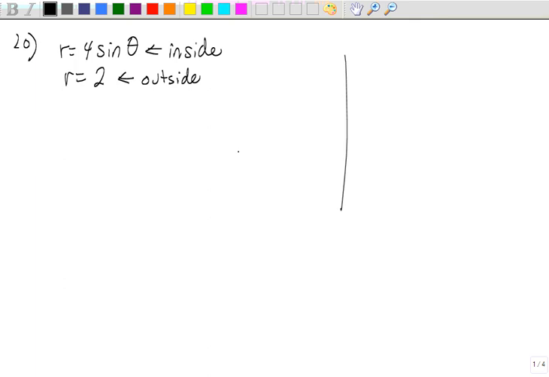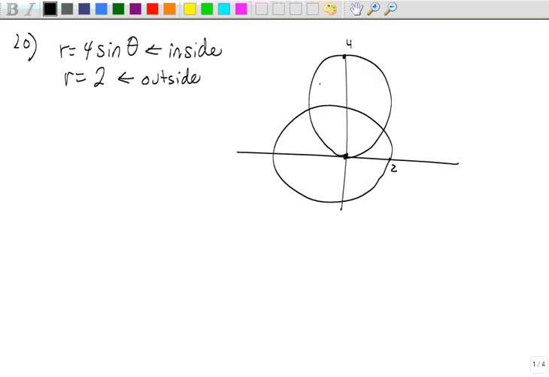Okay. Try 20. And 20, I want it inside and outside this. So I want it outside r equal 2, that's radius 2, and inside this circle, so I want it from here to here. We have to find the points of intersection. So set them equal.